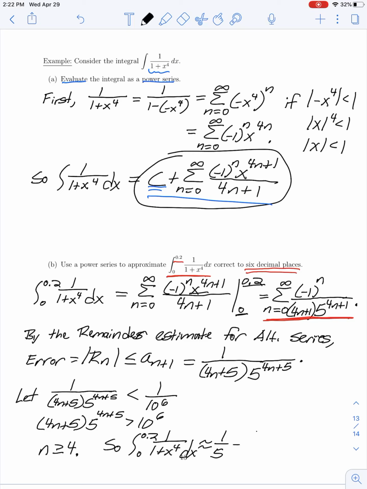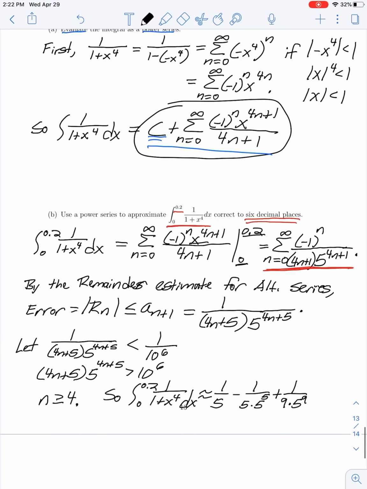Then plus, when n is equal to 1, we get negative 1 over 5 times 5 to the 5th power, plus when n is equal to 2, we have 1 over 9 times 5 to the 9th power. Then for our next term, we have a minus 1 over 13 times 5 to the 13th, and then plus 1 over 17 times 5 to the 17th power.